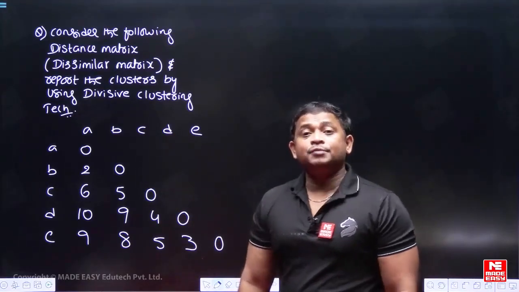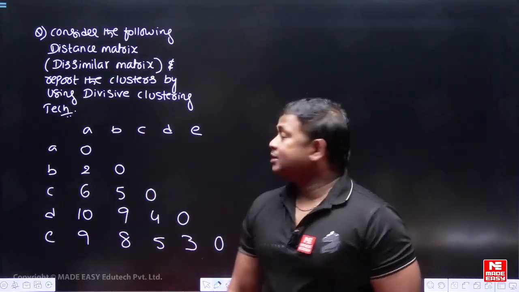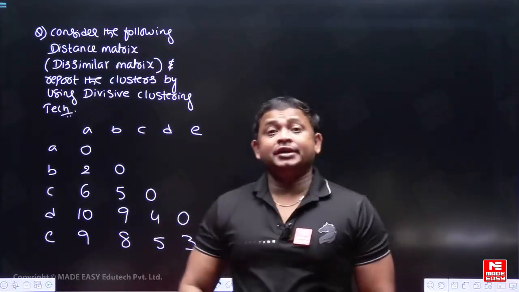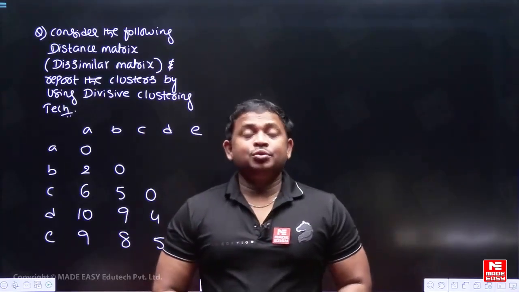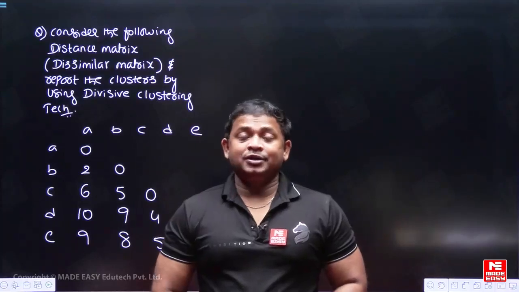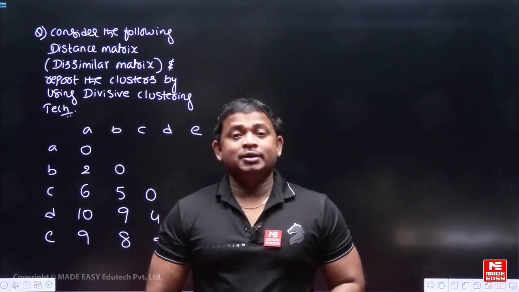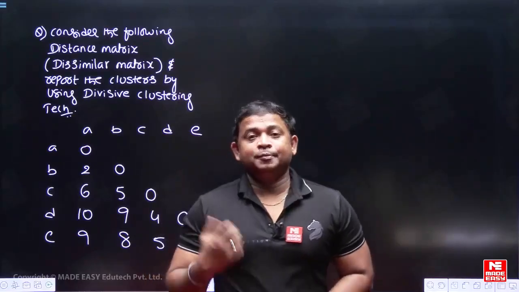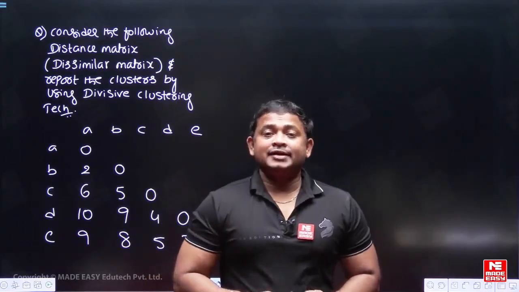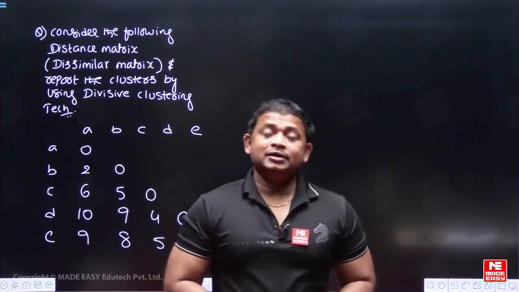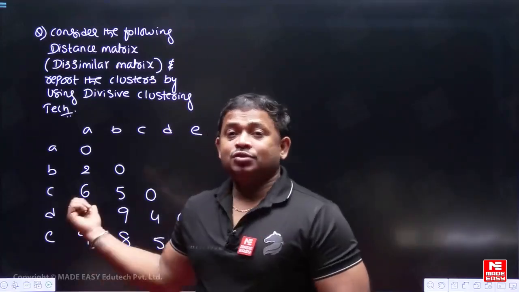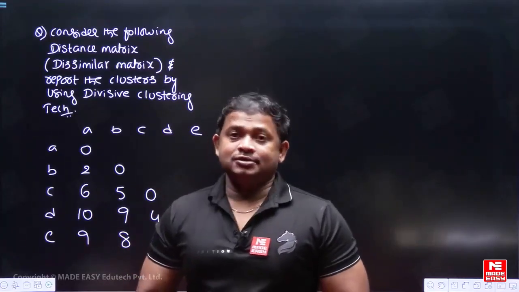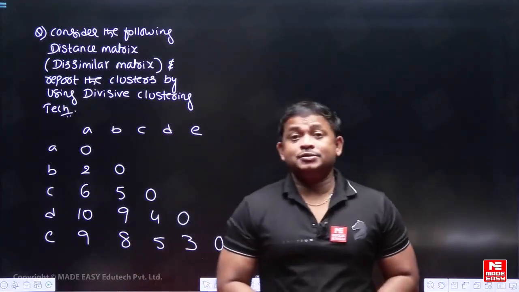Now we need to form the clusters by using the divisive clustering technique. You already know the procedure of divisive clustering, which I explained in the previous example. The theory portion is explained and an example is also covered, so apply those steps in this question. What are the steps?